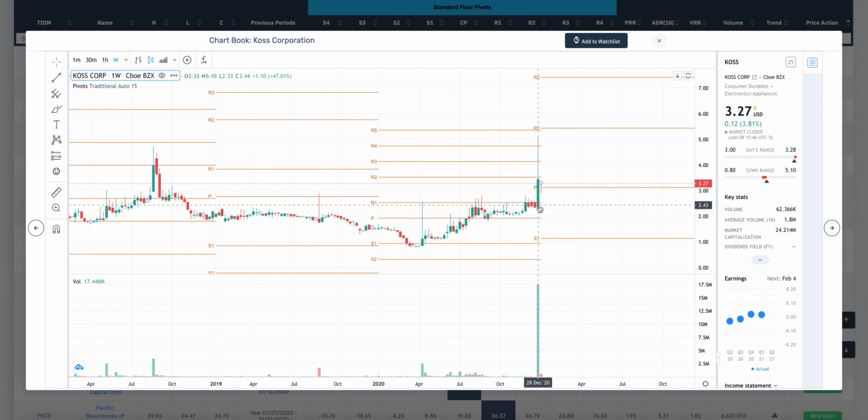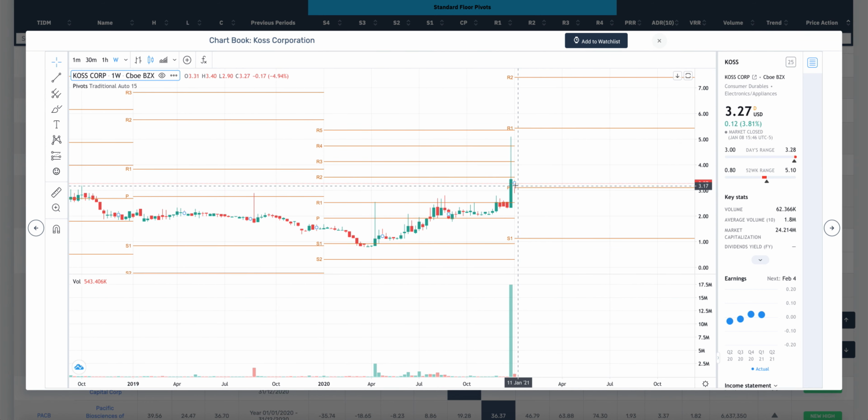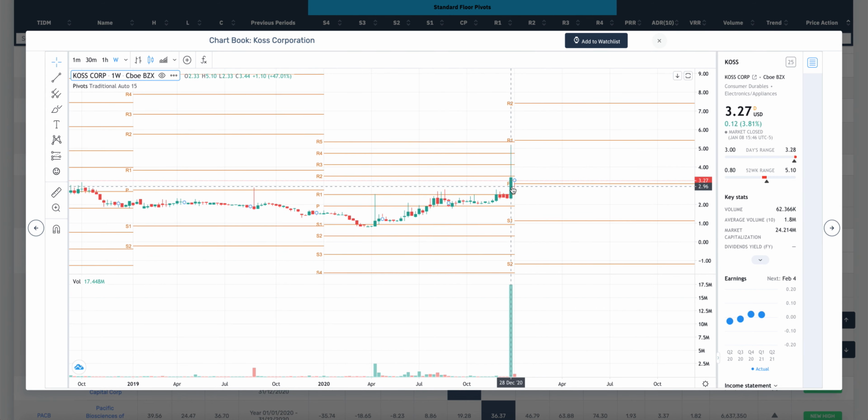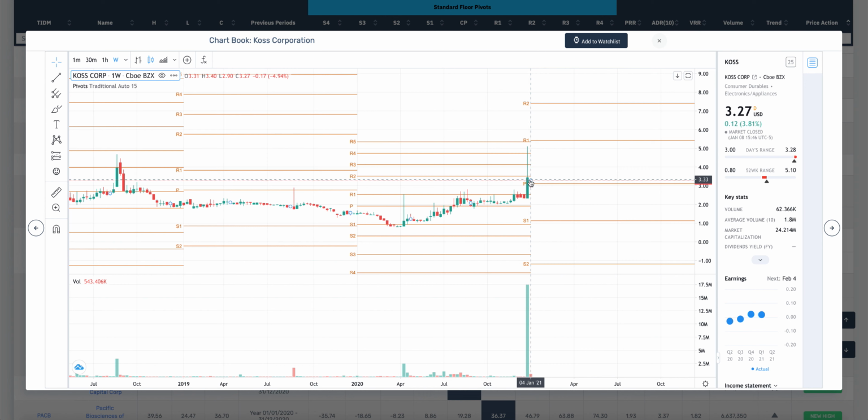Huge increase into the end of last year, and now price, we've got an inside bar, given that was a huge move last month, but price has in the first week closed above this central pivot at $3.12. So there's a good potential for a big upside there. It's currently, the high of last week was $3.40.